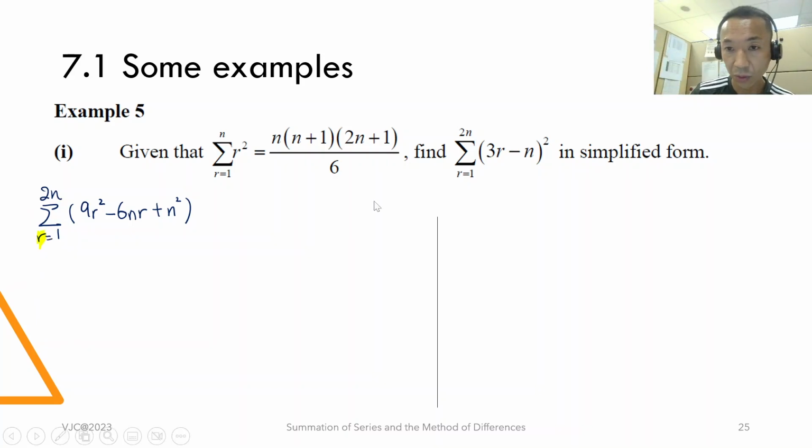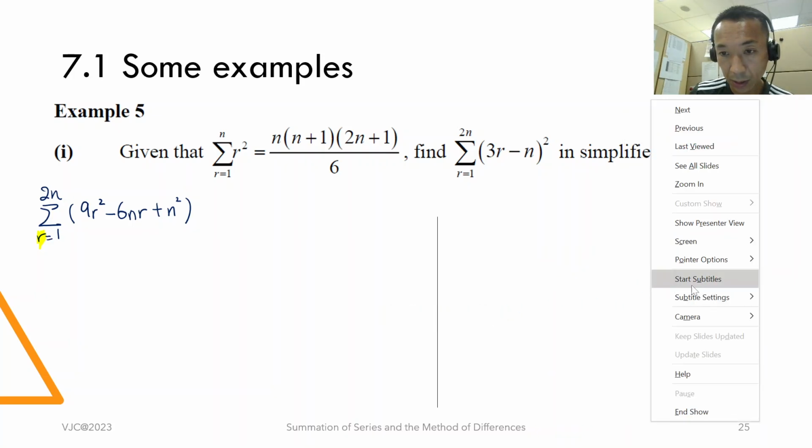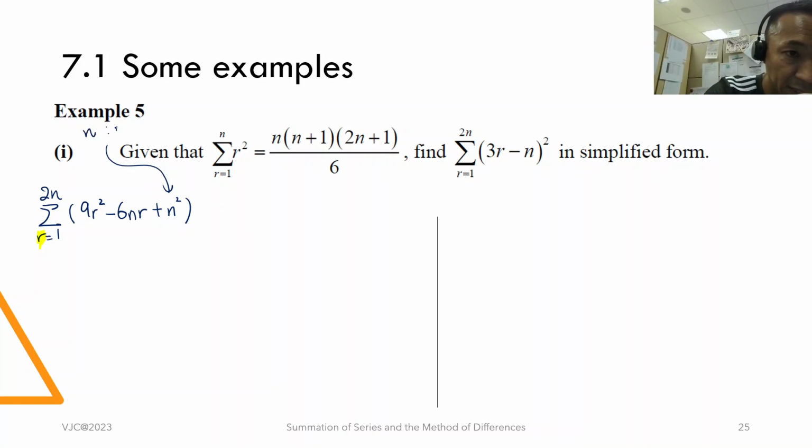So I want to write it out like that. In this case, n is the constant. r is the variable.